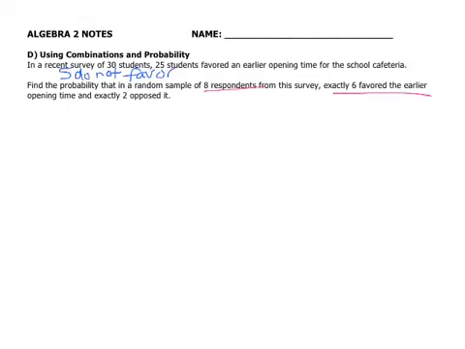So we're going to kind of group up like we did. 6 favored out of how many? 25, out of the number that favored. Okay. And 2 opposed it out of how many? 5. Okay. So we're going to start with the number that favored it. So 25, and we want to choose 6 of them.